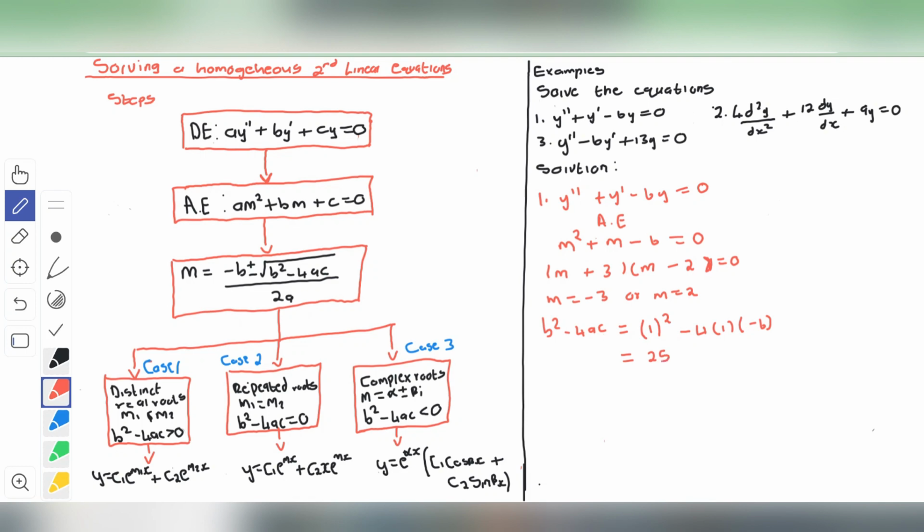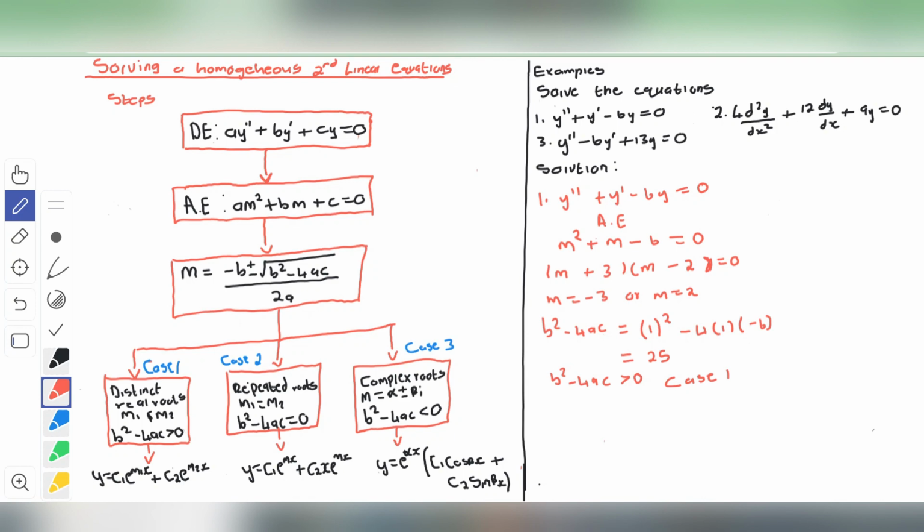So as it gave us 25, we know that b squared minus 4ac is greater than 0. Meaning you are going to use case 1. What is the formula of case 1?